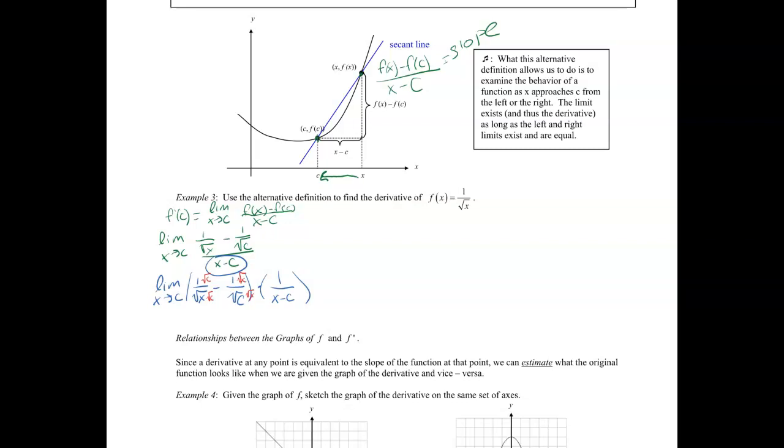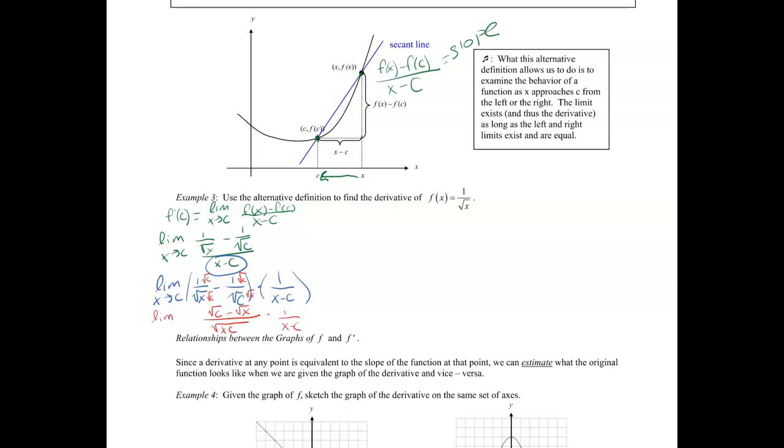All right, so still seems terrible, but honestly not too bad because I'll get a common denominator, which means this whole thing is just going to be over the square root of x times c, because with square roots I can keep the square root and multiply what's underneath. And then I'm just going to have the square root of c minus the square root of x up top, and that's still going to be times 1 over x minus c, which again still seems bad.